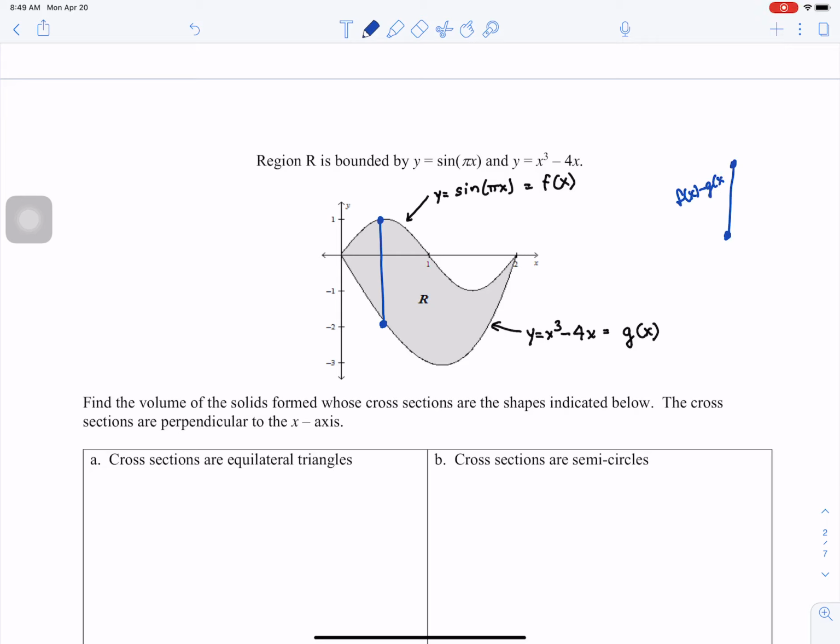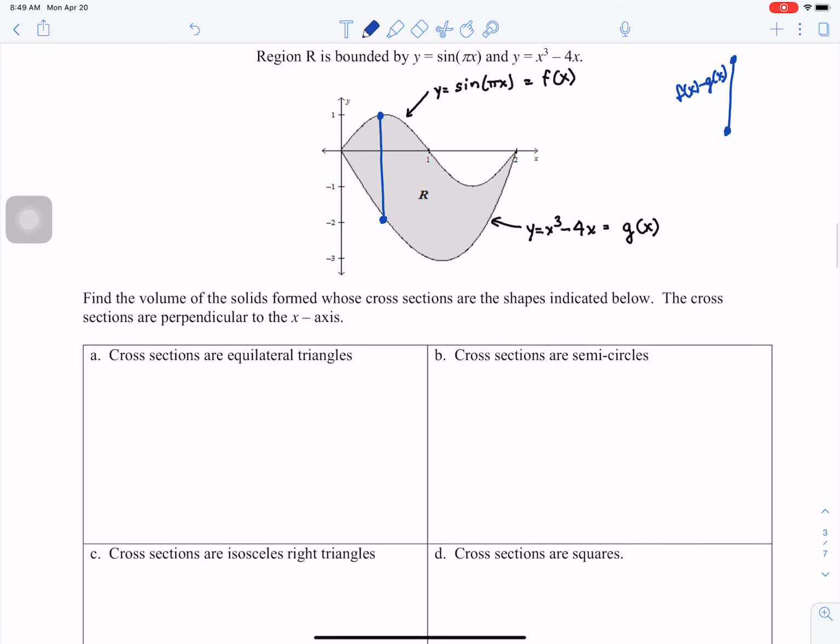Now we have to decide what is being formed, protruding out of the paper. If my cross section was equilateral triangles, this equilateral triangle would be vertically standing up outside the paper. We can either use the representation we had above, or derive it again, but we don't need to.